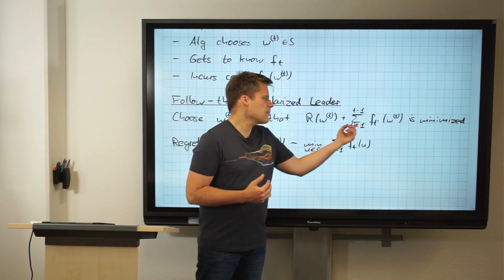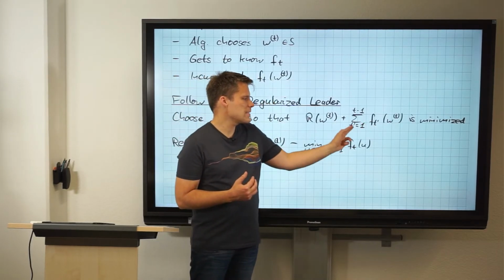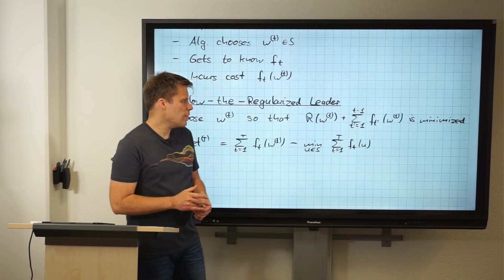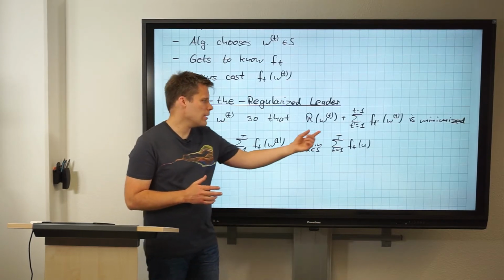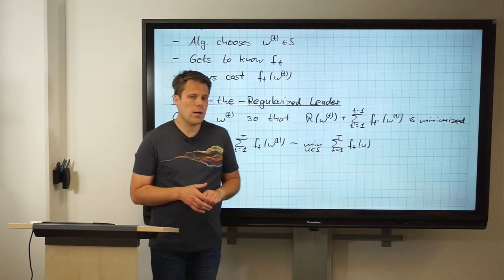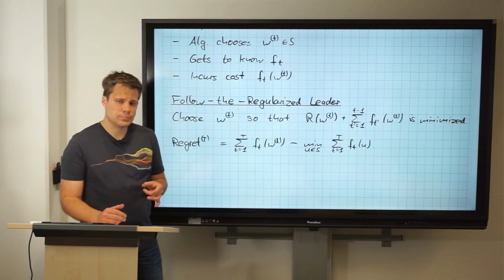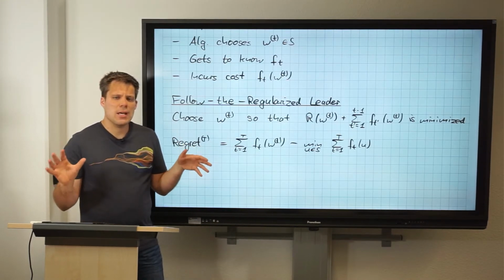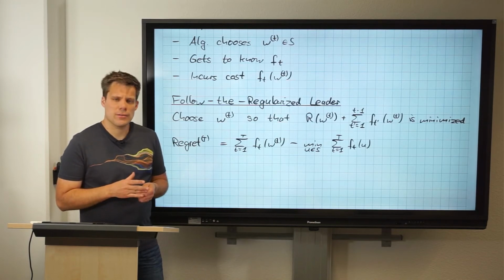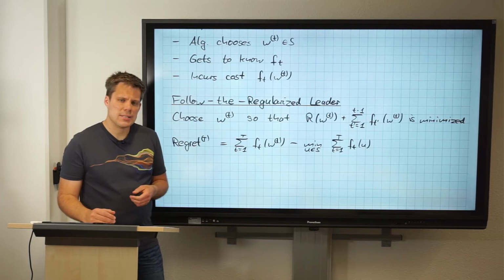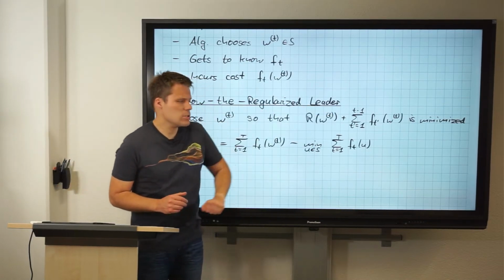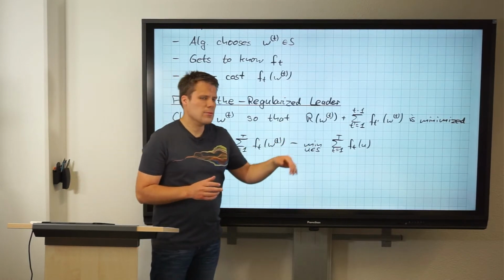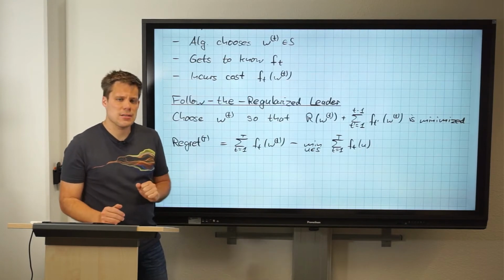But as things can start jumping around, when we just choose the best point so far, this was the follow the leader algorithm, we regularize this by adding this r of w, which has the idea of keeping us away from very extreme values. We've seen this in one example last time, where without this regularization we were jumping from the left to the right endpoint of an interval, but adding the regularization we stayed in the center of the interval.